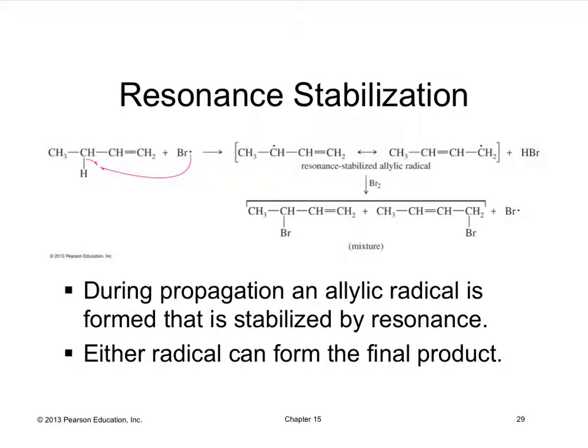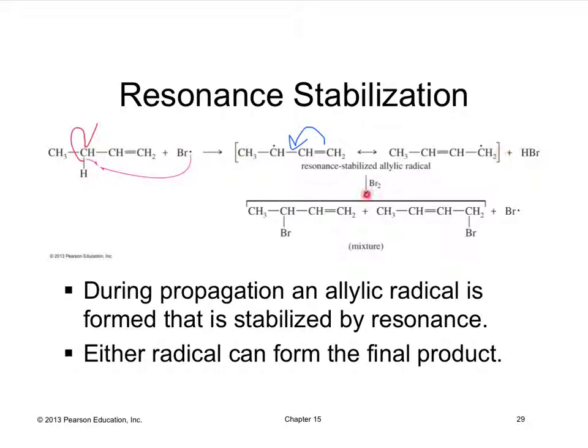In terms of resonance stabilization, here's your Br radical reacting with the allylic position. Again, now the radical resides on that carbon, shown here. And then you can have resonance stabilization, in which the electrons move so that you have the radical either on this carbon or this carbon.